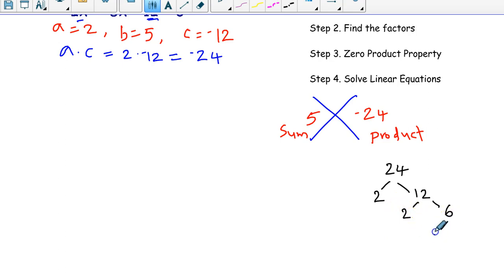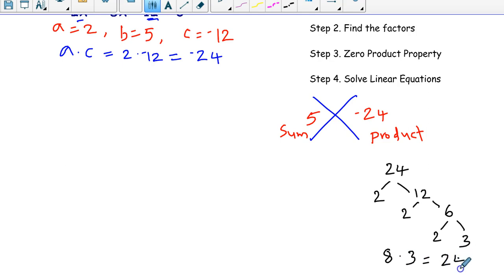So it won't work. One more I'm doing. Again 2 can divide 6 three times. So I think now we have the required numbers. Look at this. 2 times 2 is 4. 4 times 2 is 8. And of course 8 times 3 is 24.